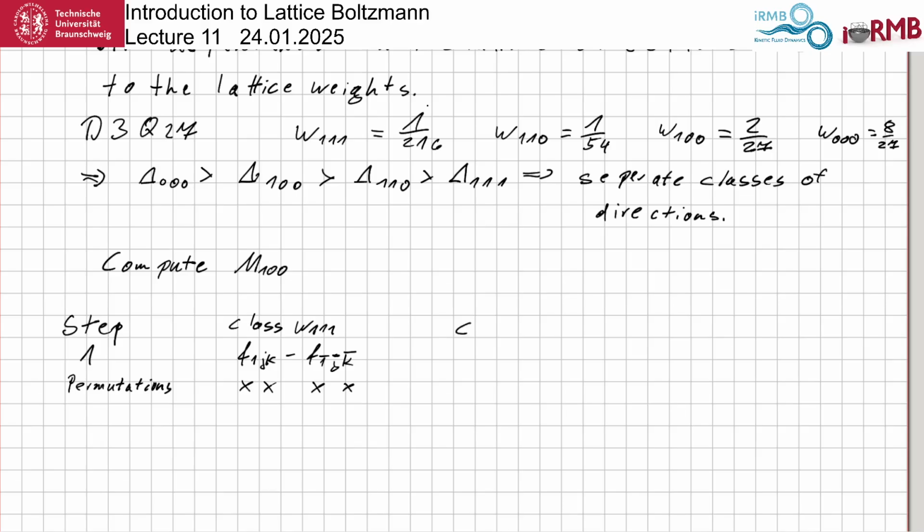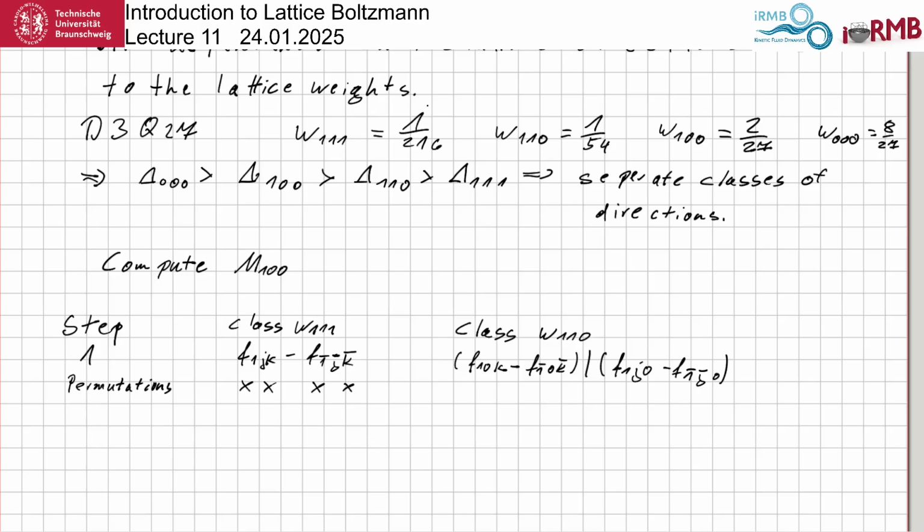Then we have the class W11, F10K minus F minus 1 and minus K, and we also have F1J0 minus F minus 1 minus J 0.